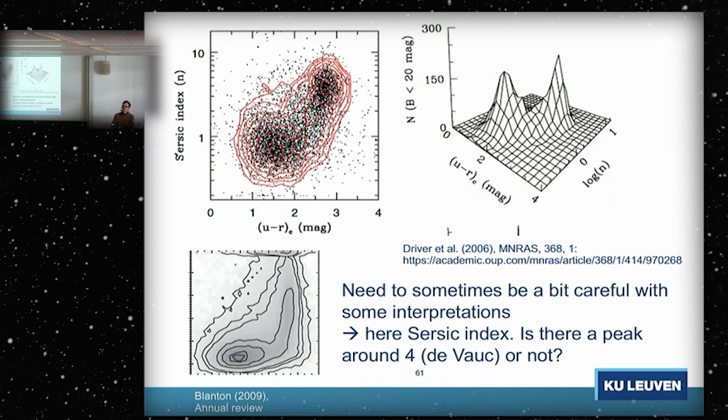I show you this to exemplify that we always have to be a little bit careful when we do the interpretation. Is there a peak around 4 or not? Well, it depends, could we say. What we can say is that we can easily see from these types of statistical studies where the whole idea of the exponential distribution and the de Vaucouleurs came from.